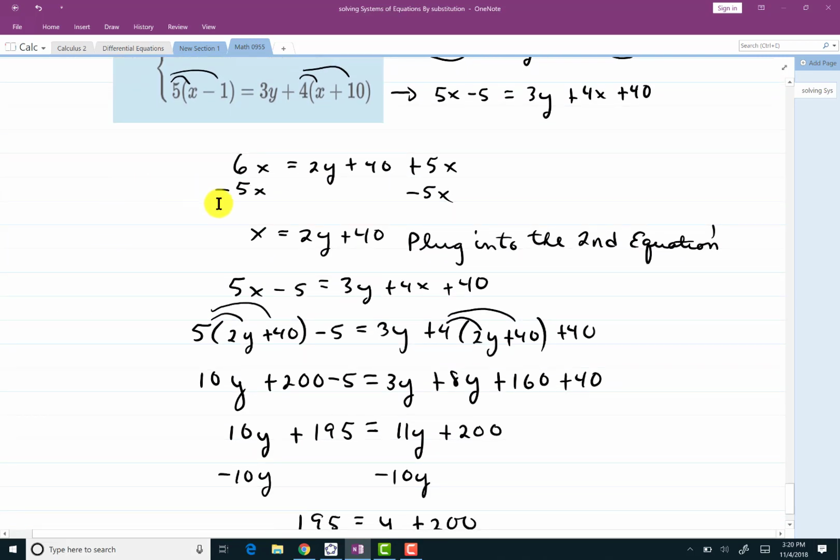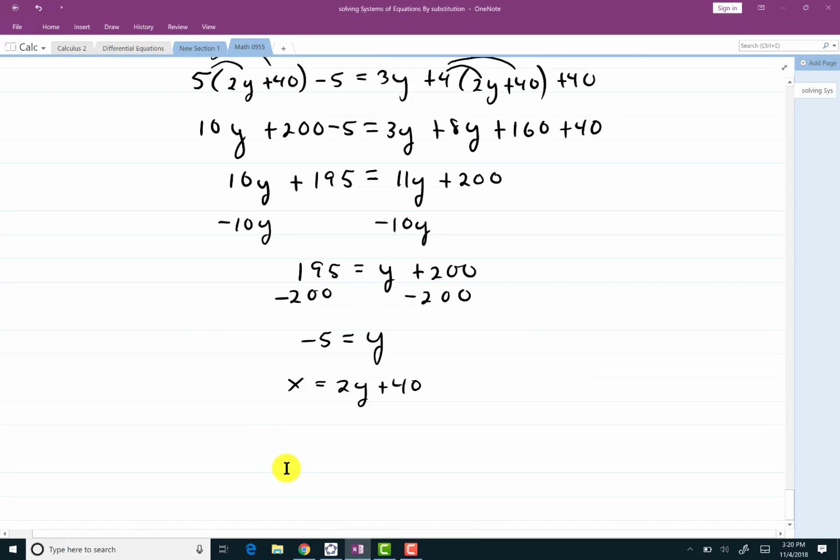There it is, all the way up here. Let me go ahead and grab this, and I'll replace my y with negative 5. And so x is equal to 30. Negative 10 plus 40 is 30. So another one that would have been difficult as far as graphing, because the 30 probably would have been off of your sheet. So my answer is 30, negative 5.